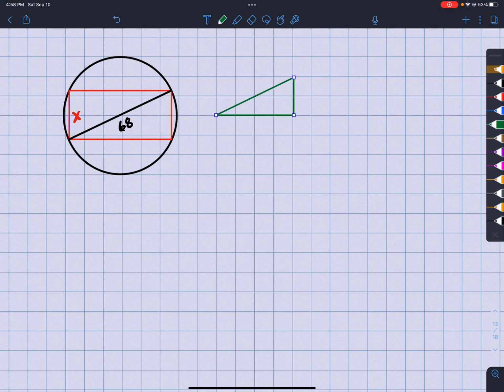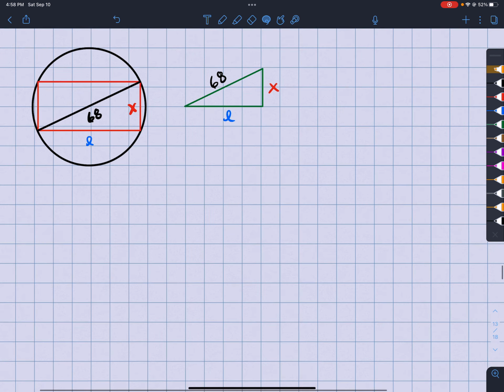So I have that as X. I have this as 68, right? And what I really want to know is what this length is, which is this right here. So I could just say, hey, this X right here, let's put it over here. And that's what I would have.